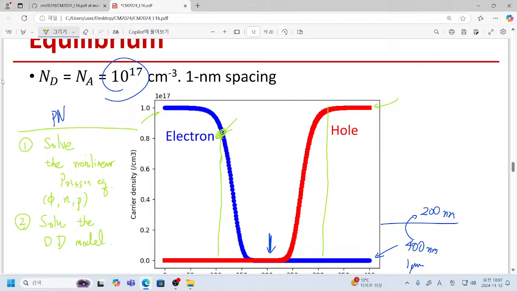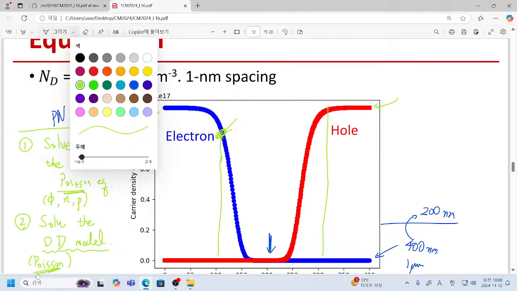What is the drift diffusion model? This is nothing but the collection of your Poisson equation, electron continuity and hole continuity. One thing you have to understand is, when we say drift diffusion model, it contains the Poisson equation, and this Poisson equation is slightly different from the form of the nonlinear Poisson equation.